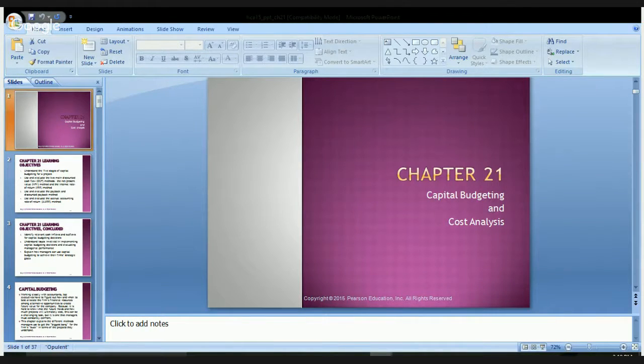The payback method is easy to understand, but there are two weaknesses: it fails to recognize the time value of money and doesn't consider the cash flow beyond the payback point.